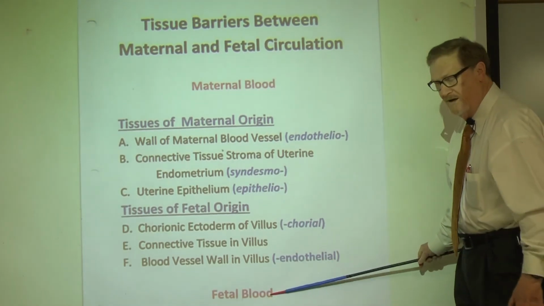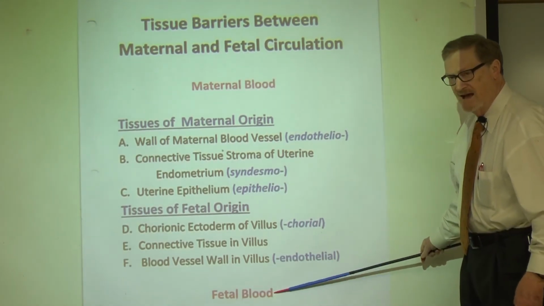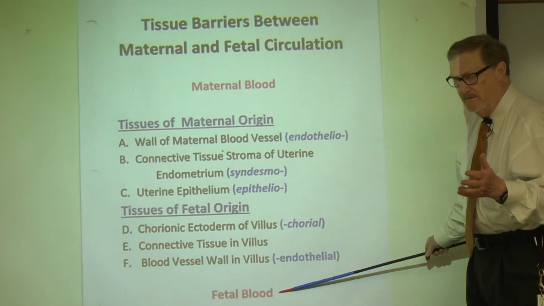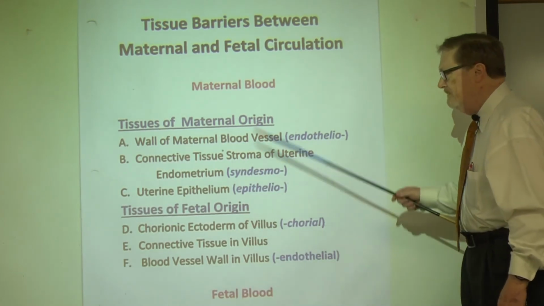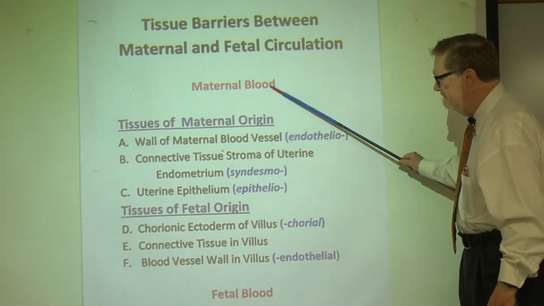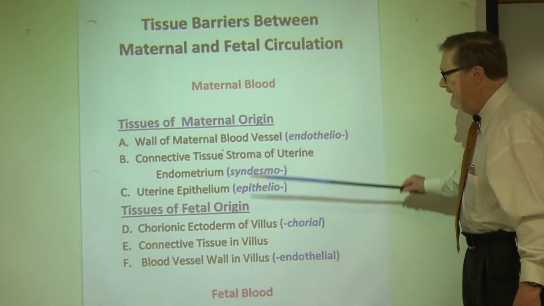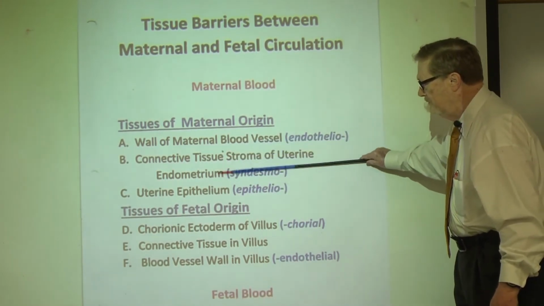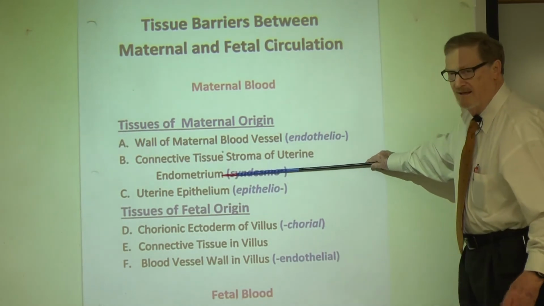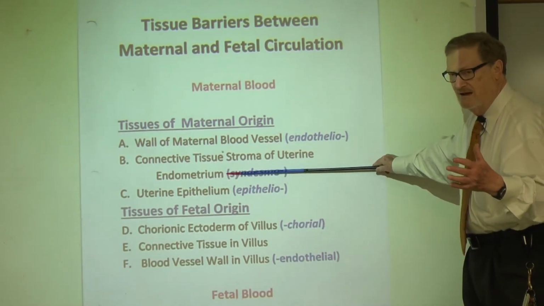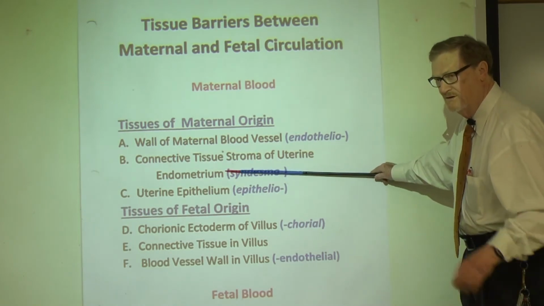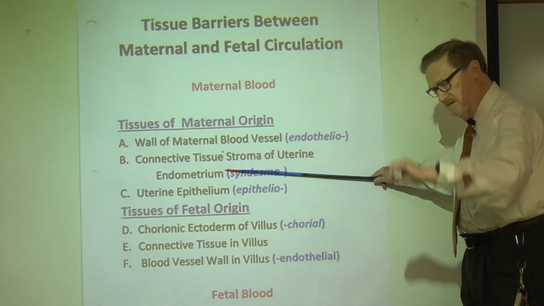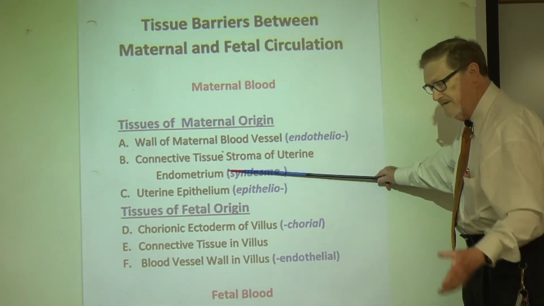Here's fetal blood found in a blood vessel inside a growing fetus or embryo up inside her uterus. But between those 2 blood systems, there are going to be 1, 2, 3 tissues that mama made, which act as a filter, a barrier, to transplantation, to something going from mama's blood across the placenta to fetal blood, or vice versa.